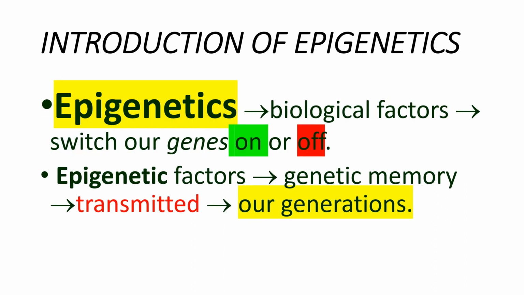So epigenetics is the study of biological factors that switch our genes on or off. These epigenetic factors set a genetic memory that will be transmitted by cell divisions with genes into our generations.